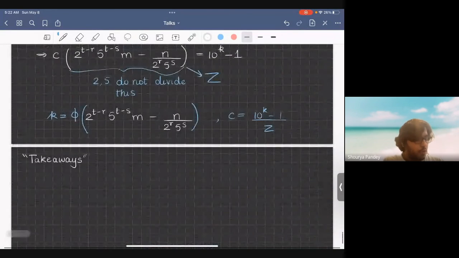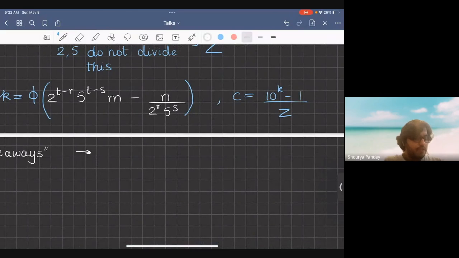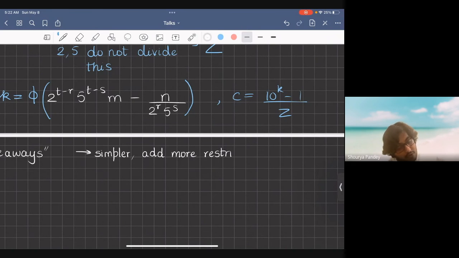The whole takeaway from the problem is to just try simpler things, add more restrictions, and look at a very specific structure. The problem itself only asks for a permutation of non-zero digits, but we only shifted the last digit to the front.